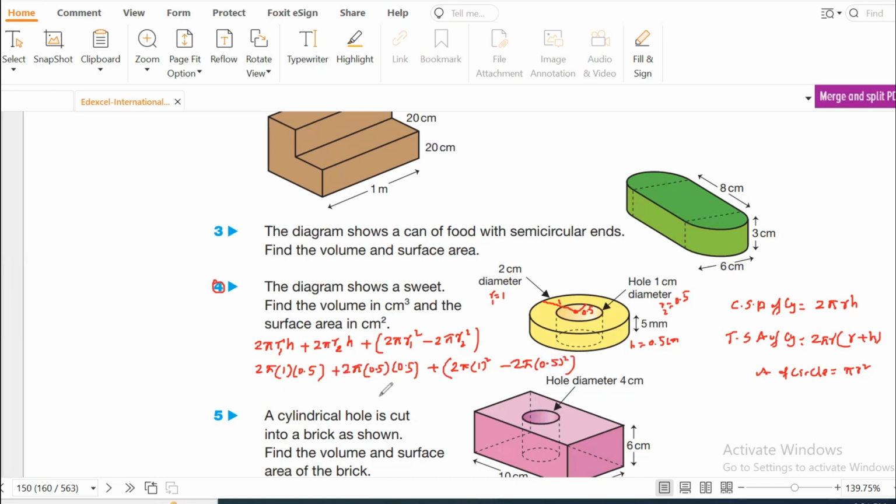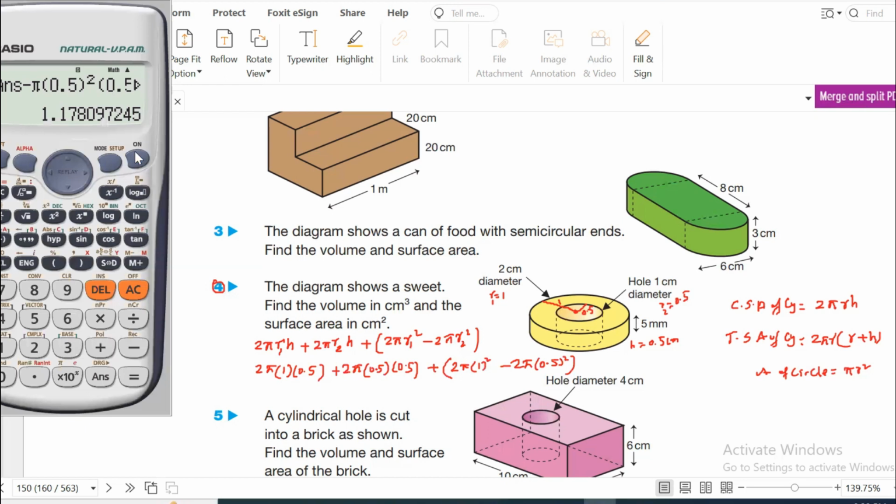So now you can check all this in your calculator. Let's have a look. First we have 2 shift pi, no need to add 1, 0.5 bracket close, plus then again 2 shift pi bracket open, 0.5, again 0.5 because height is also 0.5, and then plus bracket open.